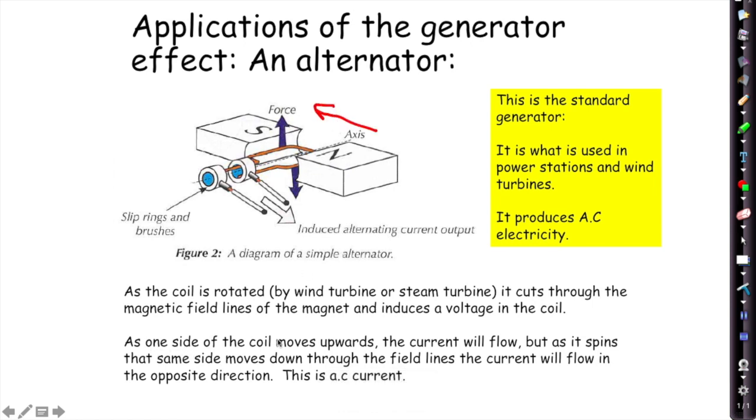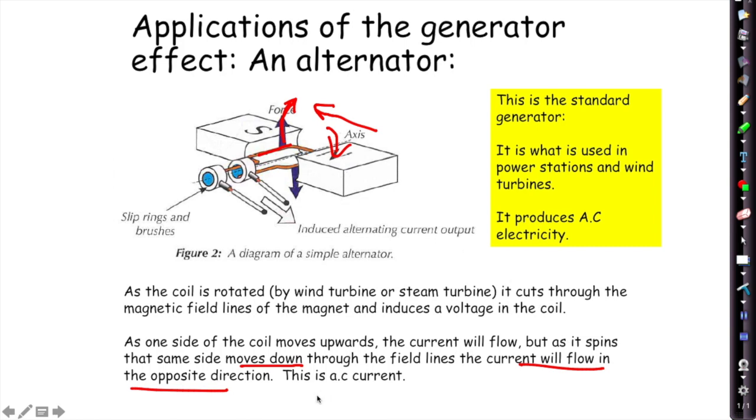And as one side of the coil moves upwards, the current will flow. But as it spins, that same side moves down through the field lines, and the current will flow in the opposite direction. So current will flow one way when it's moving up, and then when that same side comes back down the other side and is cutting through the field lines the other way, the current will swap direction.